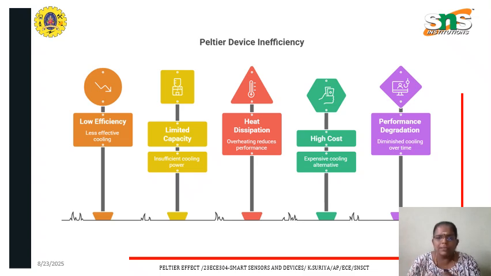Also, the cooling capacity of the Peltier modules is limited by the materials used and the size of the module. Peltier devices generate heat at a hot junction, which must be effectively dissipated to maintain efficient operation. Peltier modules can be more expensive than the traditional cooling and heating components, especially for high performance applications.